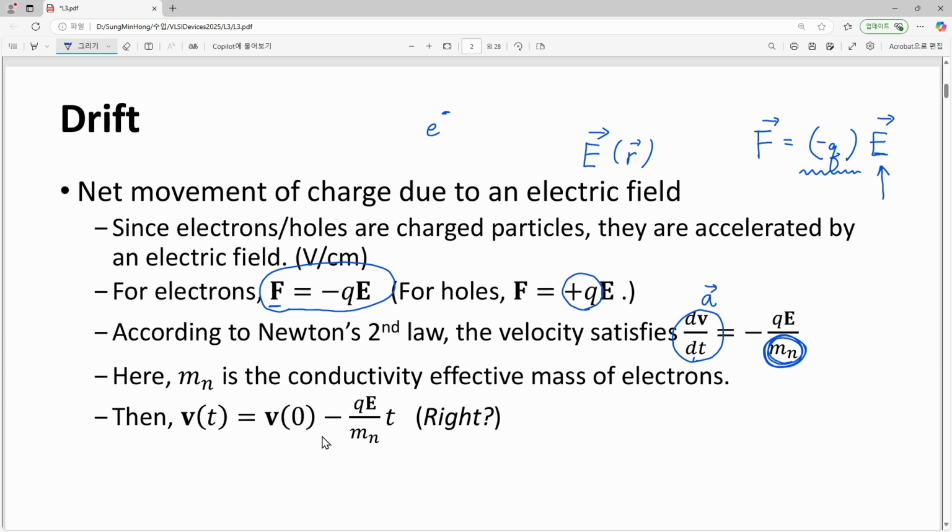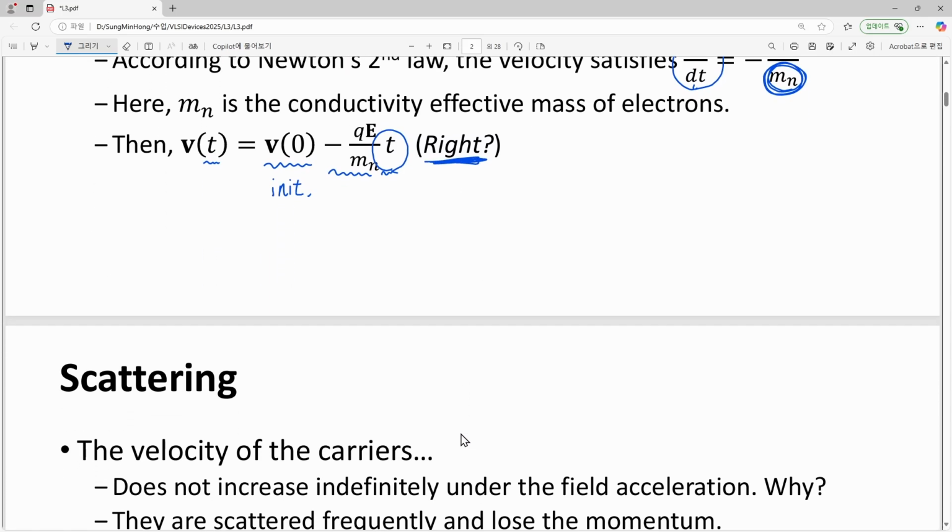If we have the initial velocity, and after time t has elapsed, then we will have the initial velocity plus this acceleration multiplied by the time duration. Although the initial velocity is small, if we wait for a long time, like several seconds, then we will have extremely high velocity. But everybody understands this is not the case.